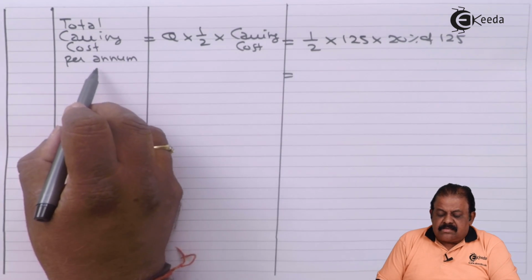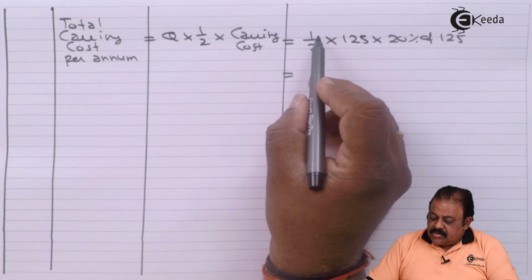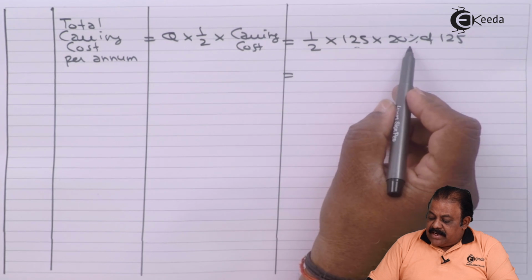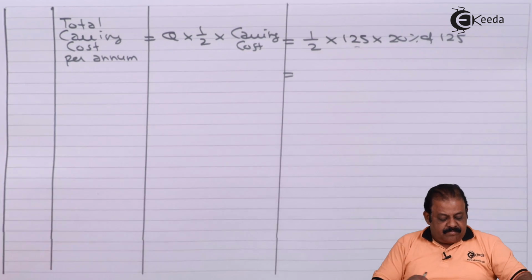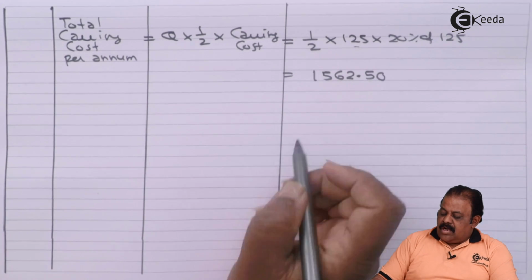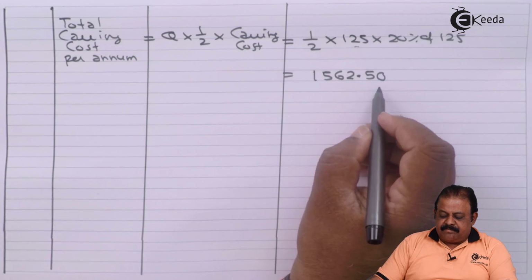Total carrying cost per annum, quantity multiplied by half multiplied by carrying cost. So half multiplied by 125 multiplied by 20% of 125. So it comes to 1562.50 paise.